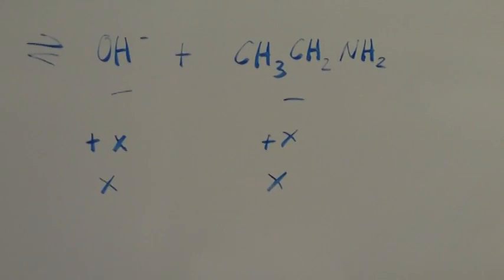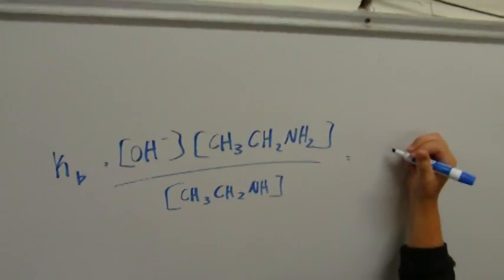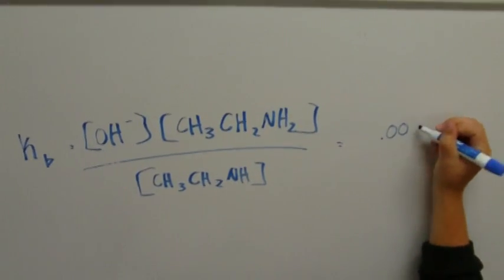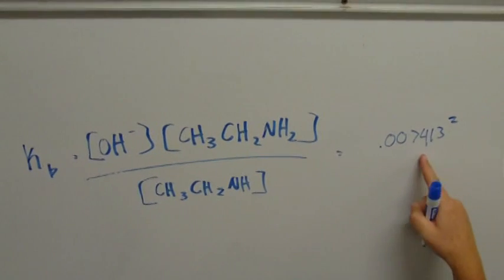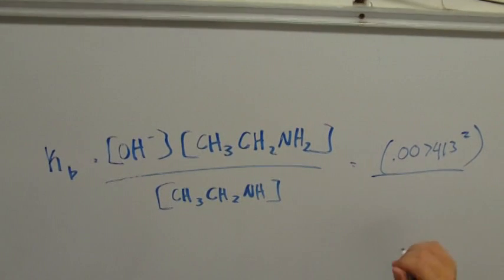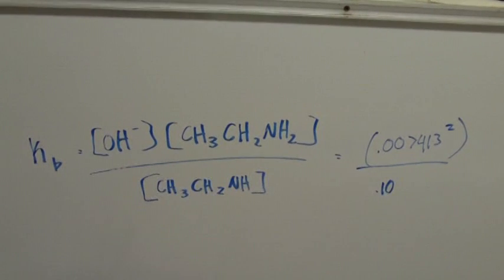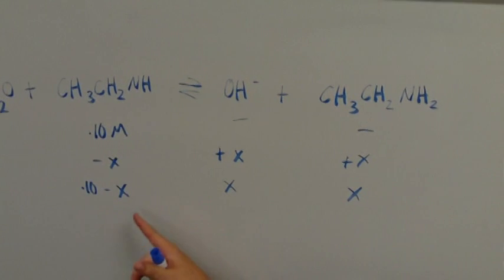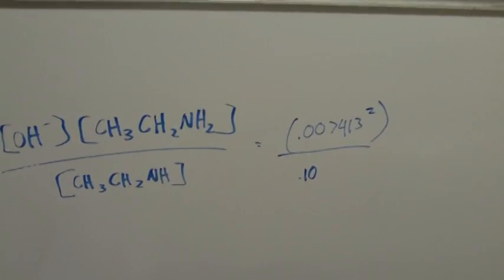So we'll plug that into our Kb equation, and we'll have 0.007413 squared, because that is the value of X, and we've got X times X all over 0.10. We can make the assumption that X is so small it won't affect this value, so we'll just have 0.10 right there.